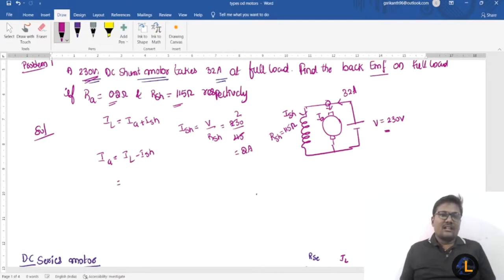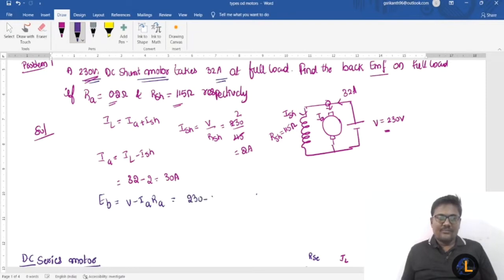The IL value is 32 amperes minus 2, so IA is 30 amperes. Then back EMF EB is equal to V minus IA RA. So supply voltage is 230, armature current is 30 amperes into armature resistance 0.2. So 230 minus 6 is equal to 224 volts.